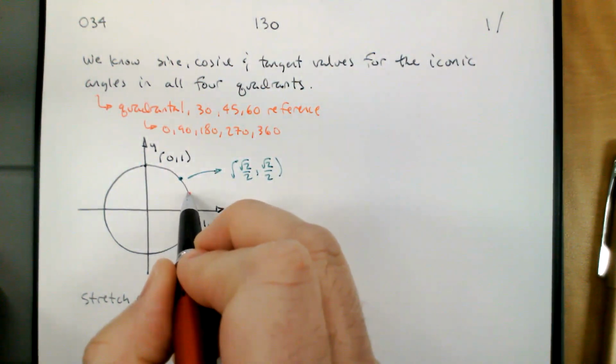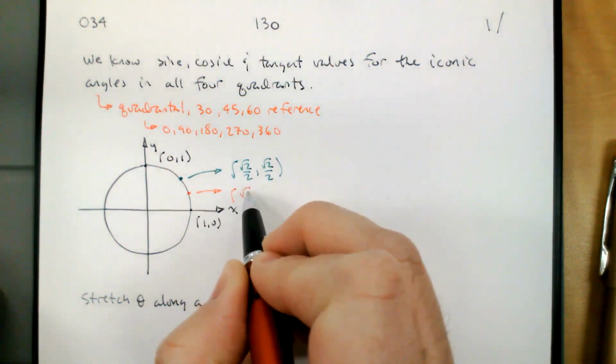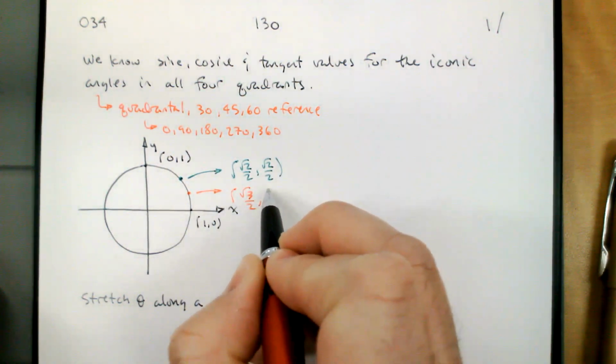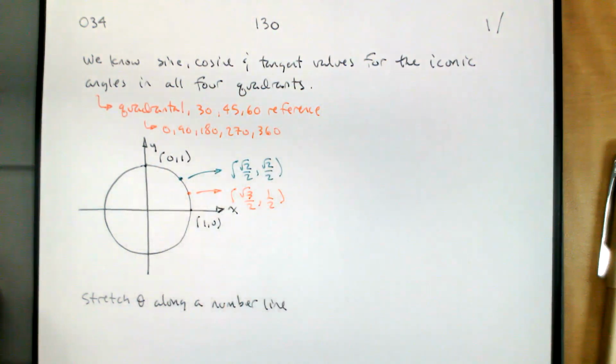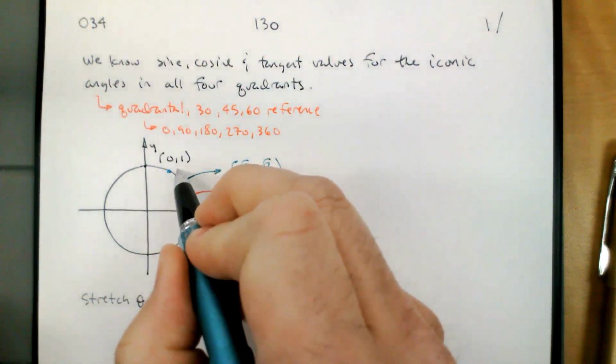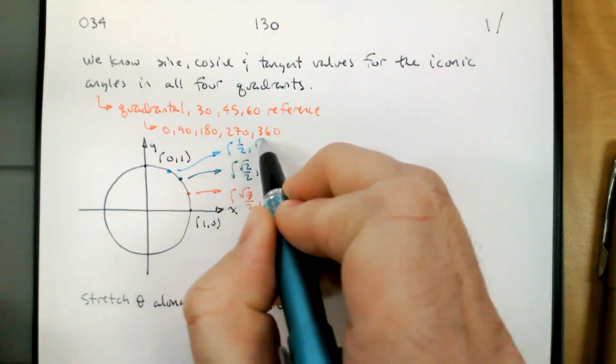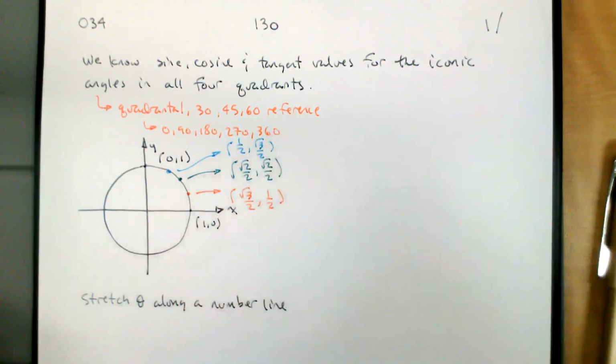At 30 degrees, our values are going to be √3/2 and 1/2. And then at 60 degrees, we're going to be at 1/2 and √3/2.